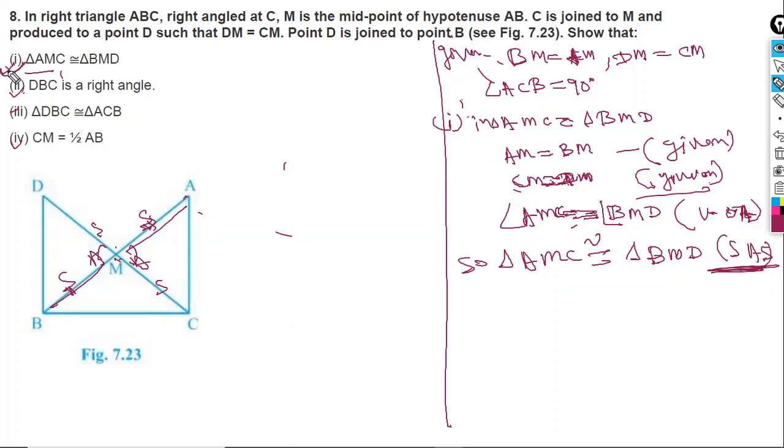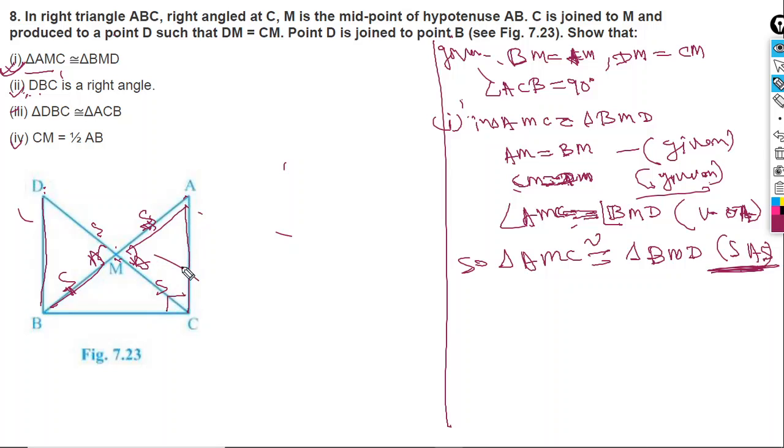Now what do we have to prove? We have to prove DBC is a right angle. Okay, if we can prove that BD is parallel to AC, look at the figure. BD parallel to AC, then what will happen?